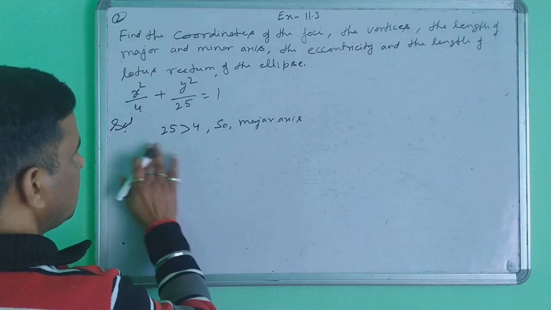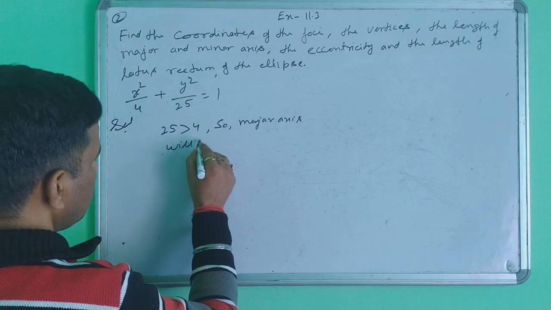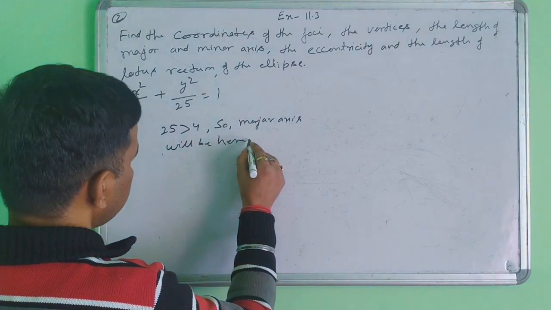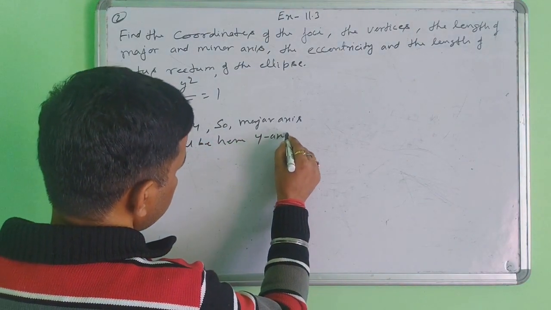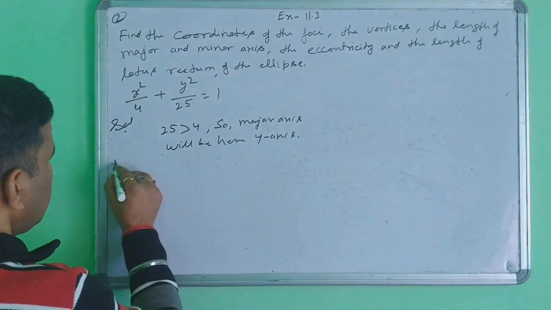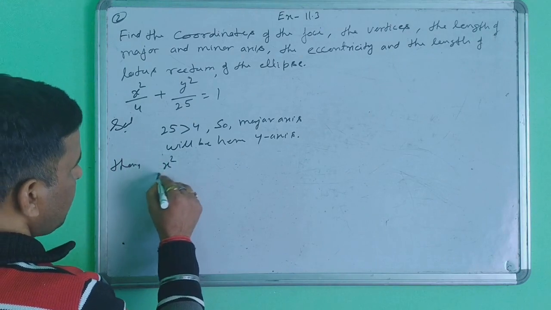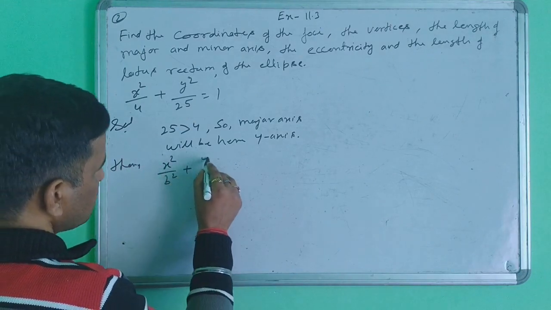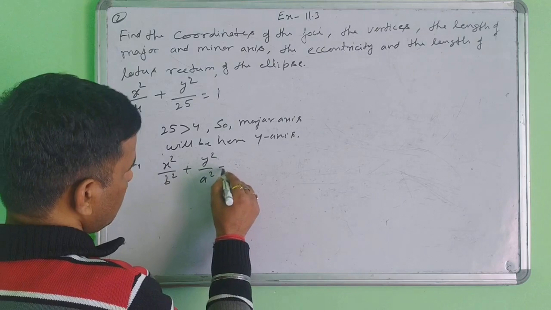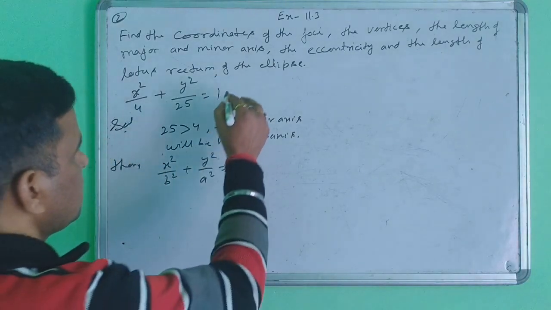So the major axis will be your y axis. Then the equation of the ellipse, when the major axis is the y axis, is x square upon b square plus y square upon a square equal to 1.